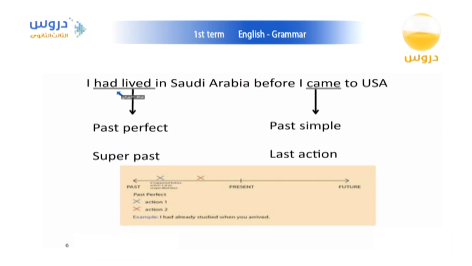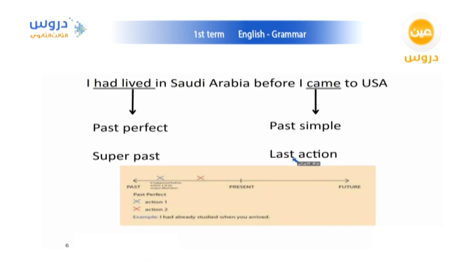Let's move now, and here we have the past perfect. I had lived in Saudi Arabia before I came to United States. If you look at the timeline now, this is past and this present and this future. So two actions. First one, had lived, which is the super past or past perfect, and another action is came.